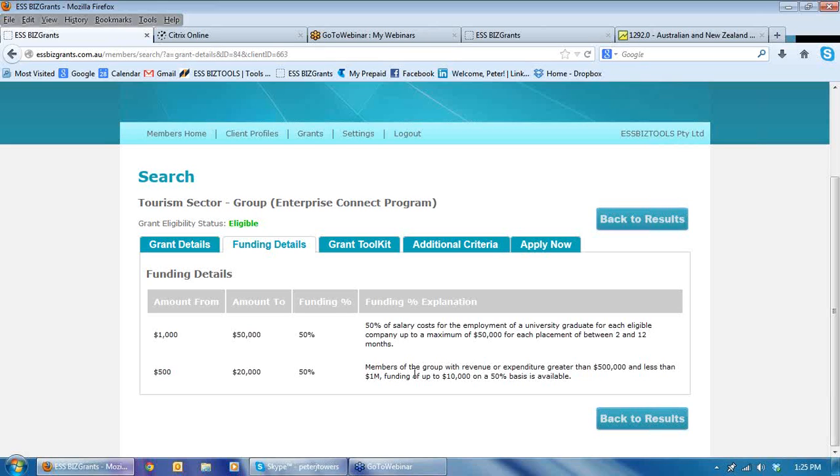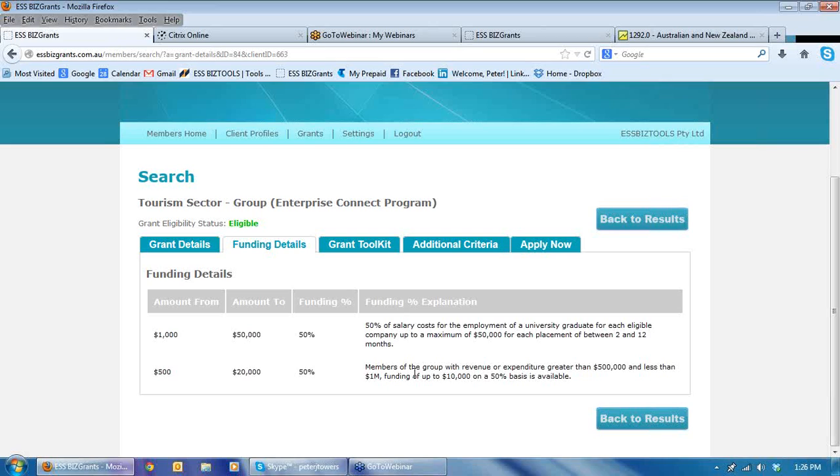So if you had 4 firms and they each had between $500,000 and $1 million turnover, they would collectively receive $40,000. They would have to contribute between them $40,000, so there'd be $80,000 in a pool that could be spent literally to do activities which will improve the business performance of the group as a whole.